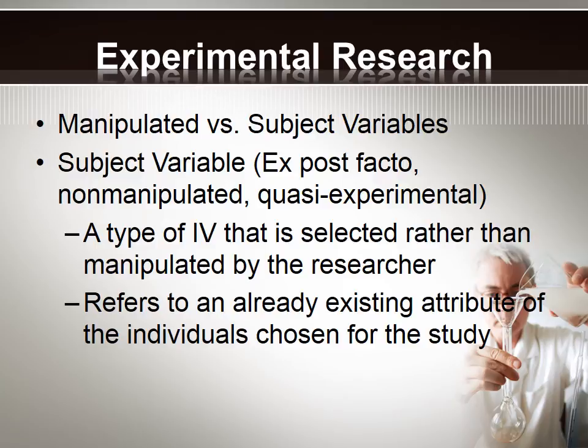These are subject variables. They're not things that you can manipulate, so when you use a subject variable in a study, the researcher has to choose or select their sample or their groups for the experiment based on the characteristics that people already possess. So they're not a manipulated part of the research.